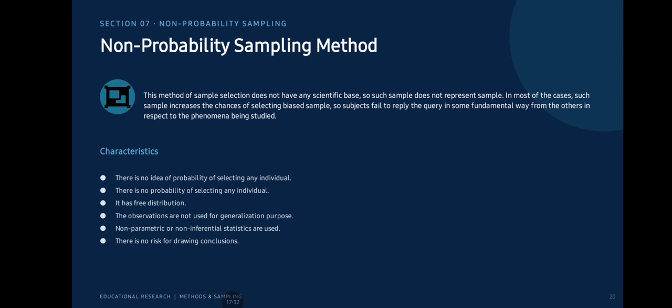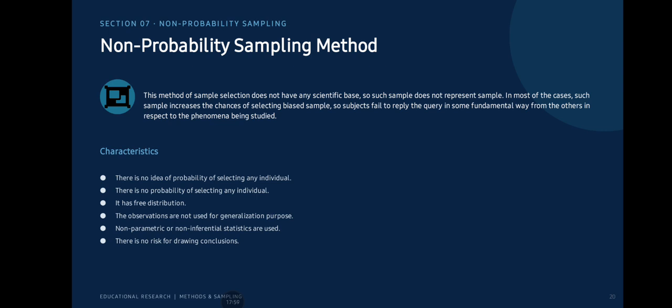Non-probability sampling method. This method of sample selection does not have any scientific base. So such a sample does not represent the population. In most of the cases, such a sample increases the chances of selecting a biased sample. So subjects fail to reply to the query in some fundamental way from the others in respect to the phenomena being studied.